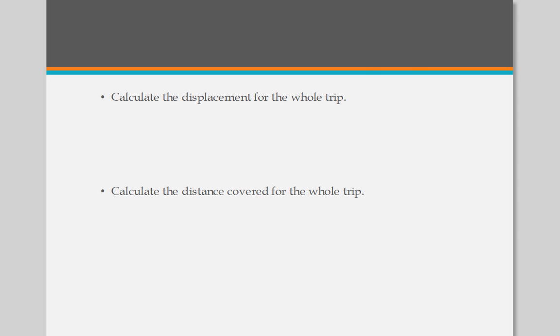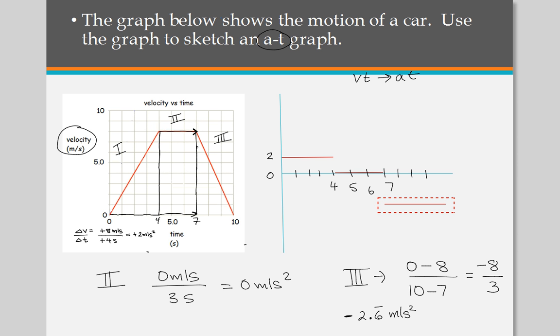Went a bit too far. This is a time acceleration graph, a versus t. Here's negative 2.6 down here.